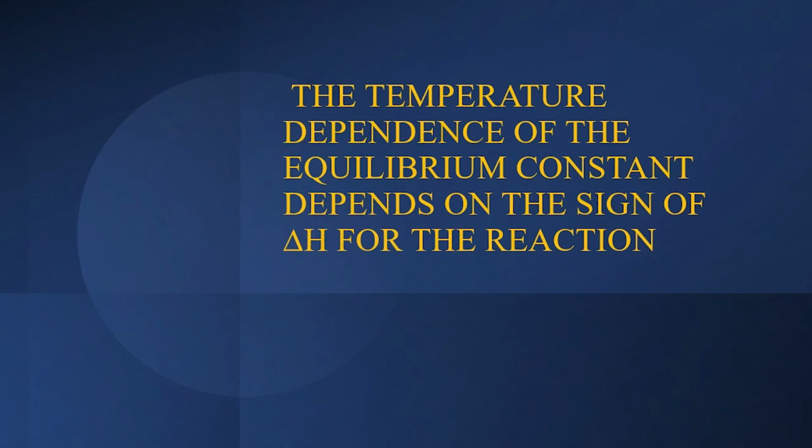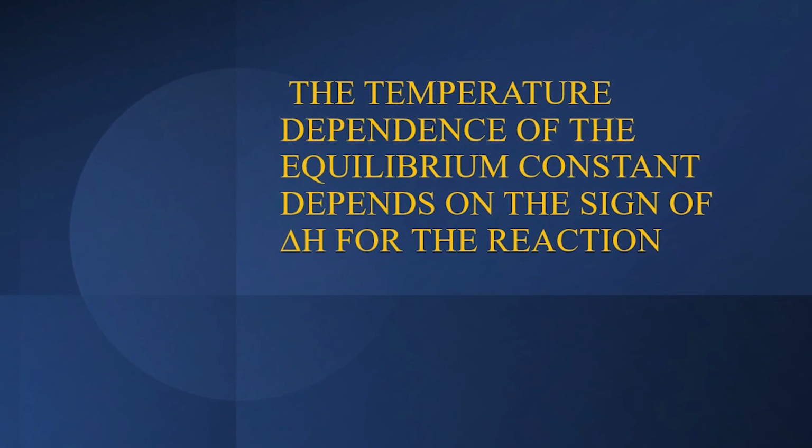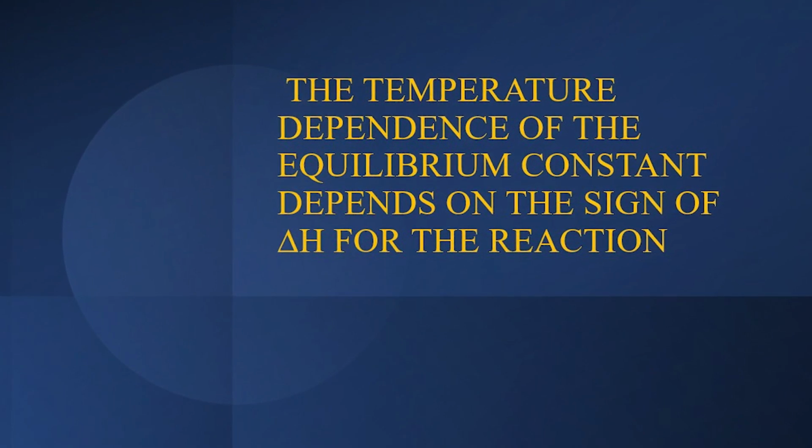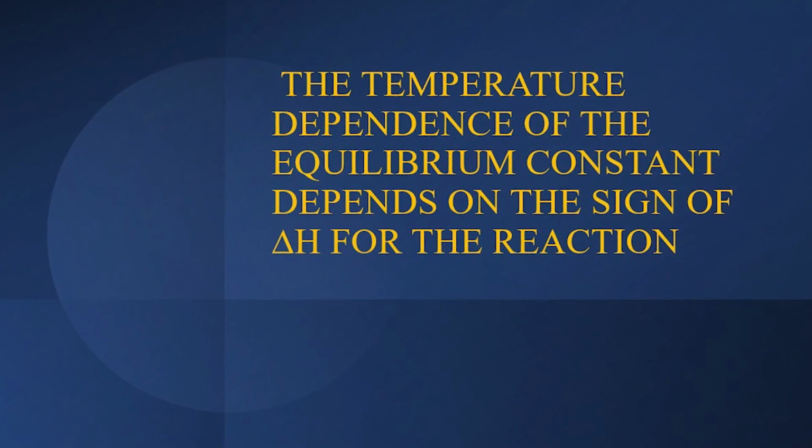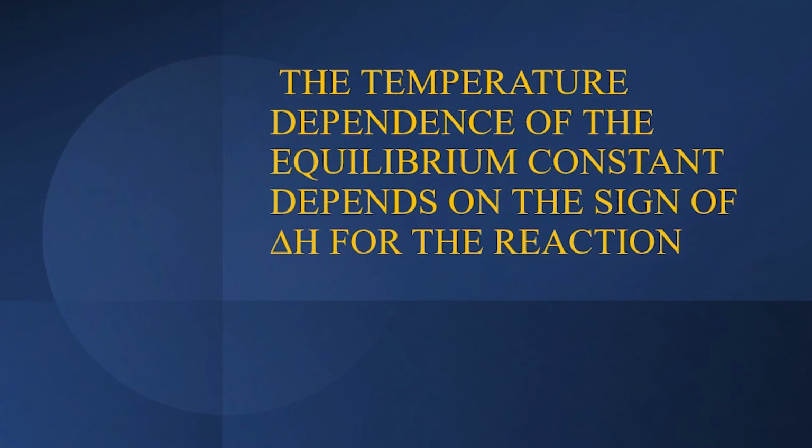But when we change the temperature, the value of the equilibrium constant itself is changed. In general, the effect of temperature on the equilibrium constant depends on the sign of delta H for the reaction. Delta H means change in enthalpy for the reaction.